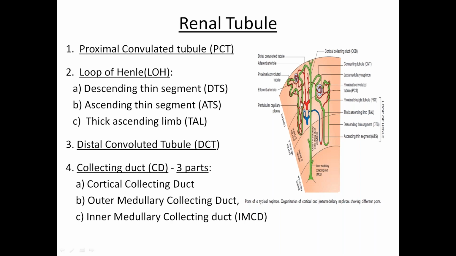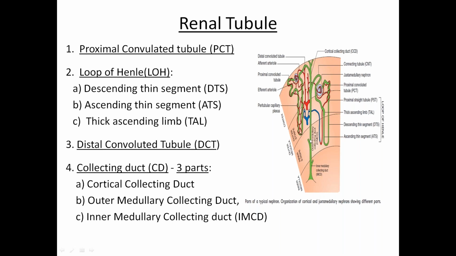So once your loop of Henle, including the ascending limb, finishes, then your DCT starts, and then it goes on to form the cortical collecting ducts. The cortical collecting ducts are usually formed by connecting tubules of two or more nephrons, as you can see here: more tubules are joining in from more nephrons to form a common collecting duct.